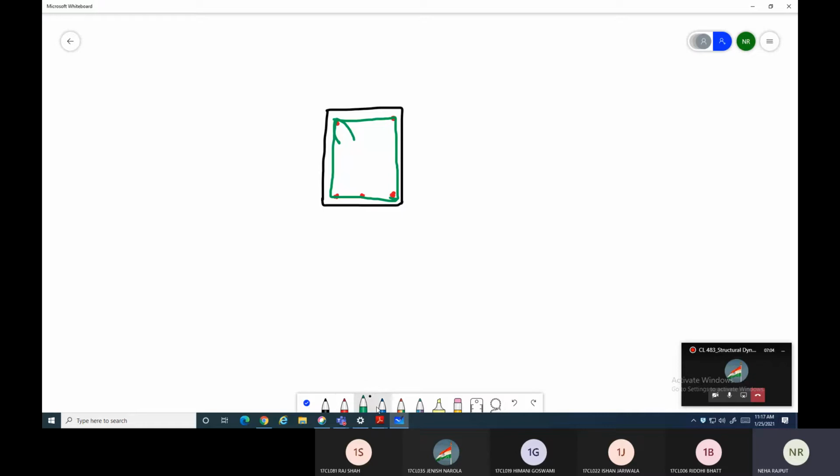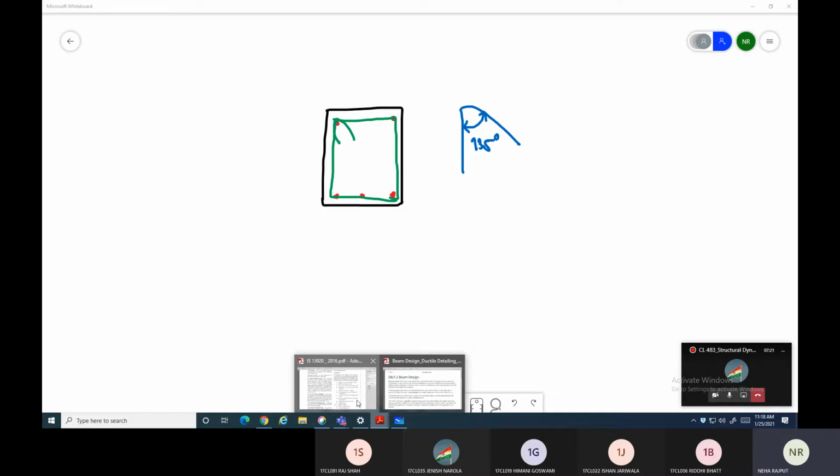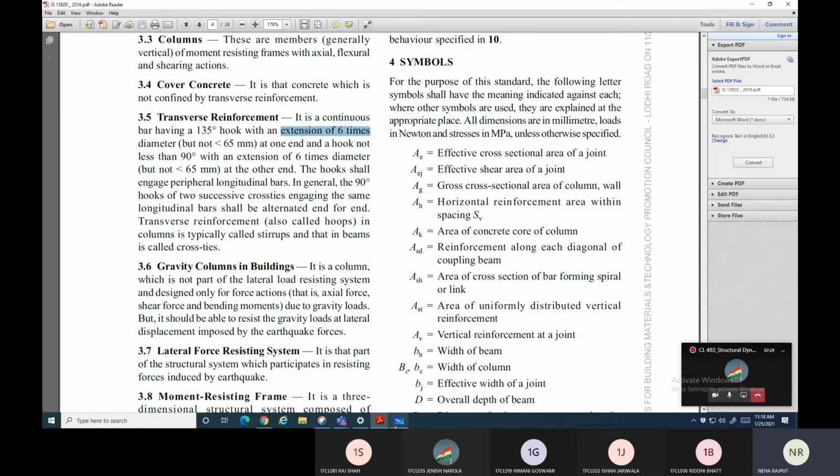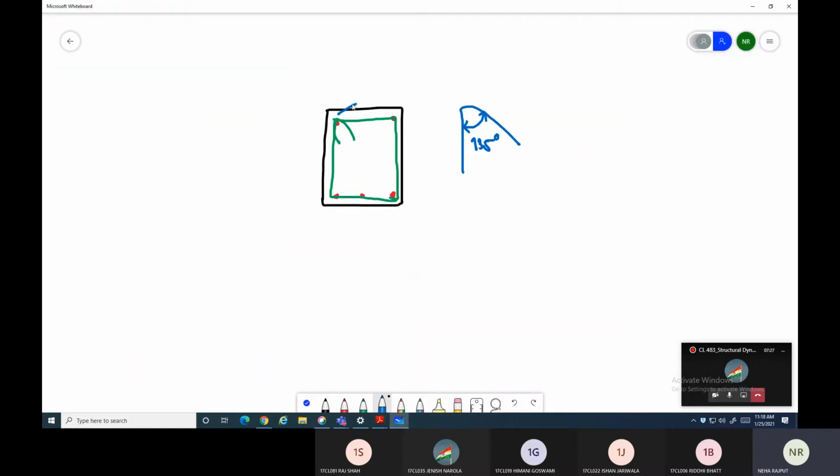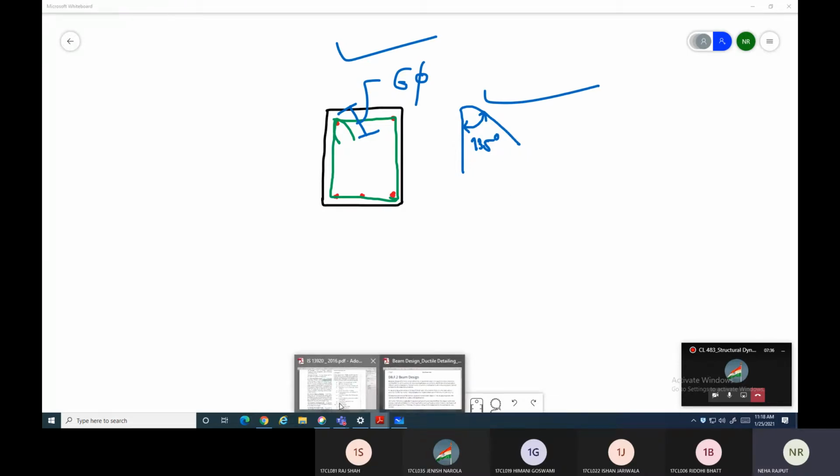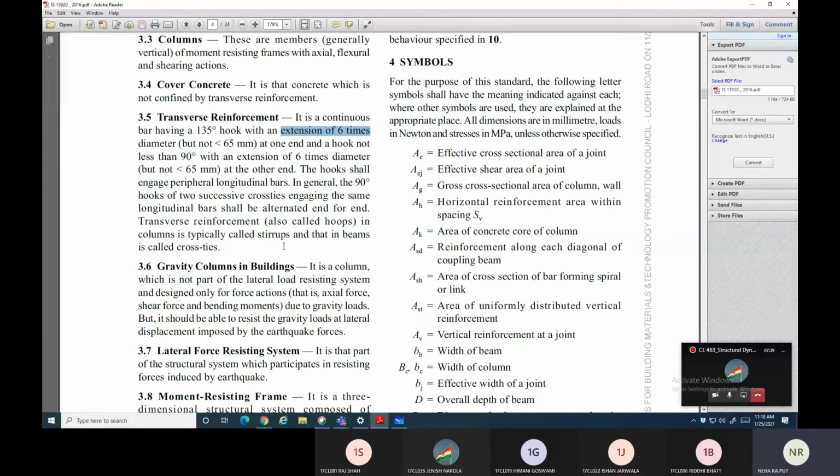So this angle from here to here should be 135-degree angle, and it is mentioned that with an extension of 6 times diameter. So this extension part is 6 times diameter of stirrup. So these two criteria are there in the ductile detailing code for the stirrup angle and the extension part.